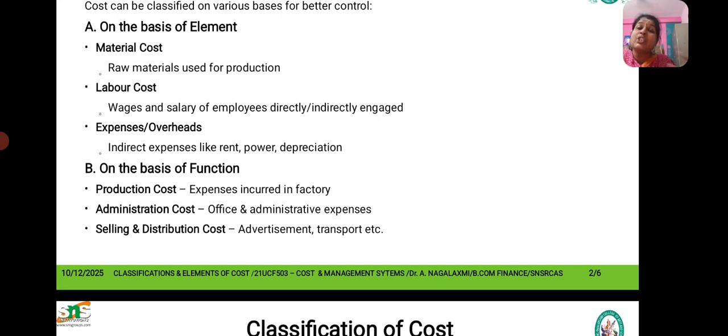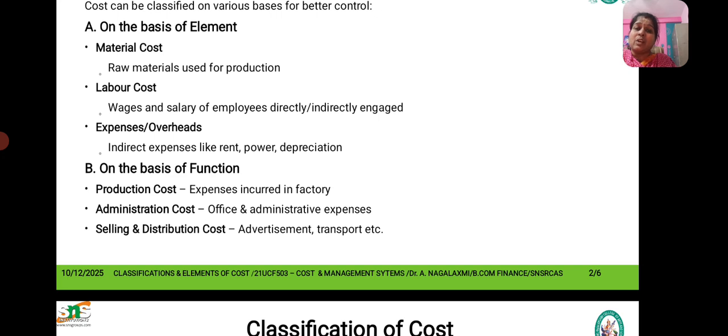Depreciation will be charged, then repairs and maintenance will be there, salaries paid to the employees who are involved in the production, that comes under basis of function, that is production cost.